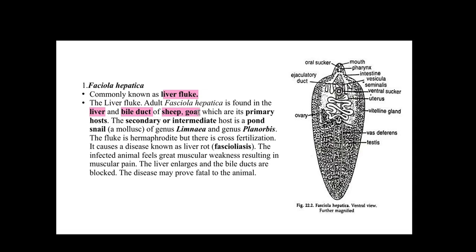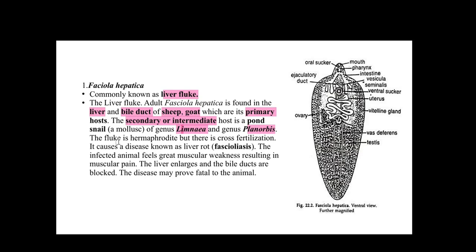Sheep and goat are the primary host of Fasciola hepatica, and the secondary host is a mollusca. Guess which mollusca? The snails of the genus Limnaea and Planorbis. These two are the secondary or intermediate host of Fasciola hepatica.